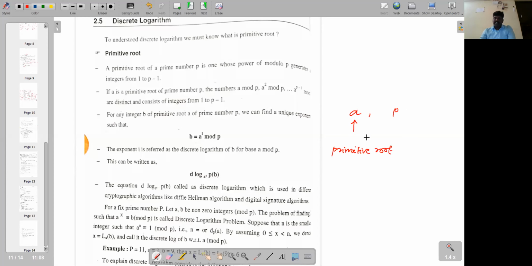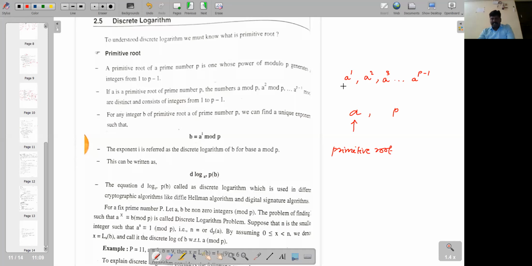how can I prove this? When I consider a power 1, then a power 2, then a power 3, till a power p minus 1, right?